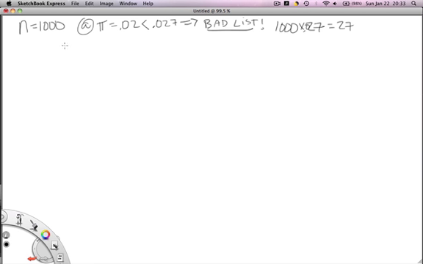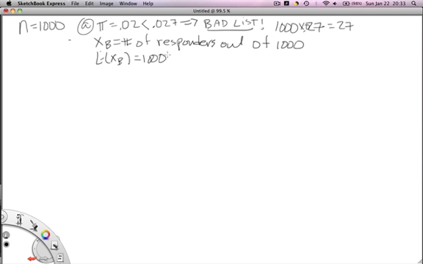Let's go find the mean and the standard deviation. So if XB is the number of responders out of 1,000 that we mail, then the expected value of XB is going to be 1,000, n, times pi, so times 0.02 equals 20.